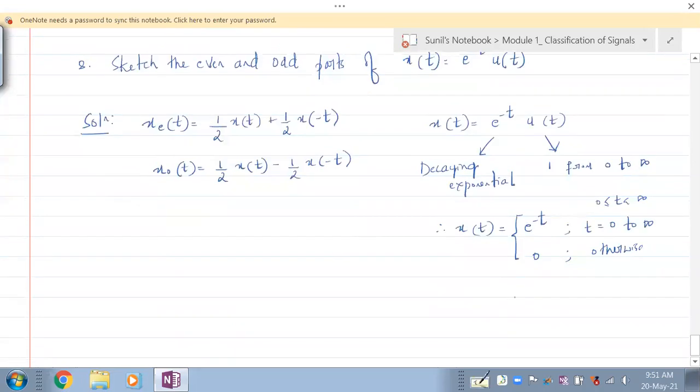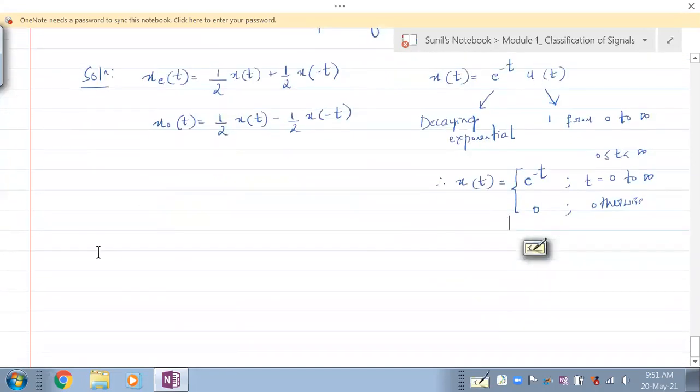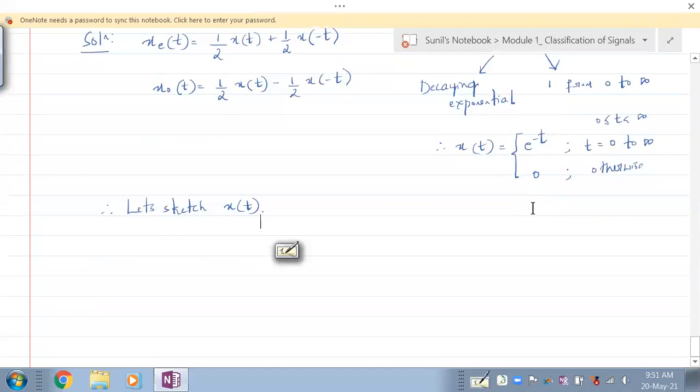So let's sketch x of t first. I've told you x of t is e power minus t, and it's a continuous time signal, mind you. Let's have this y-axis. e power minus t is a decaying exponential, and a decaying exponential goes like this.